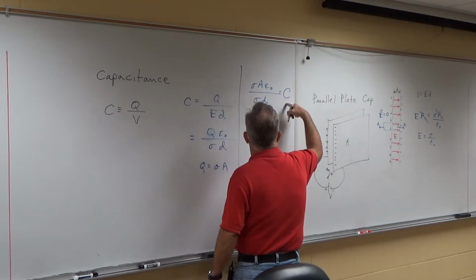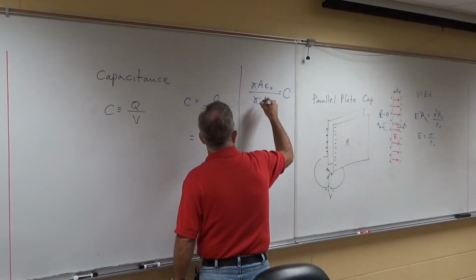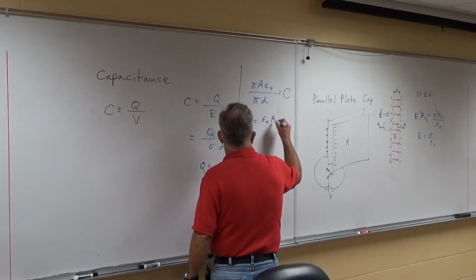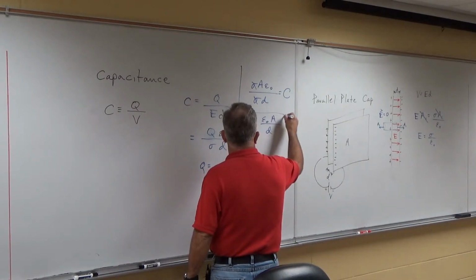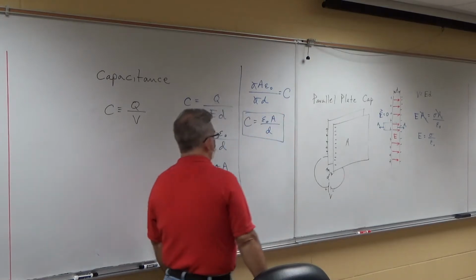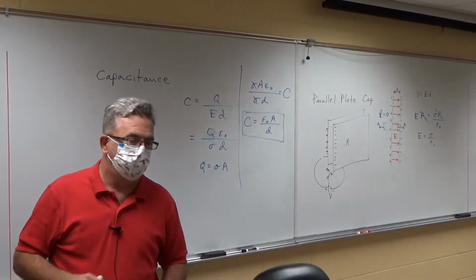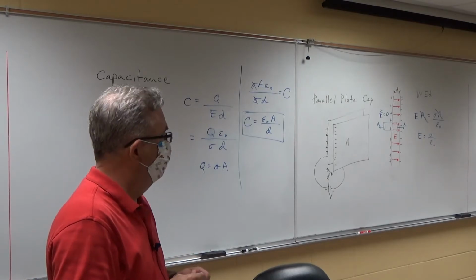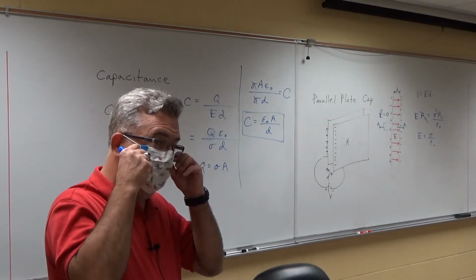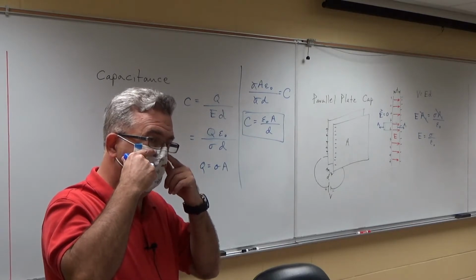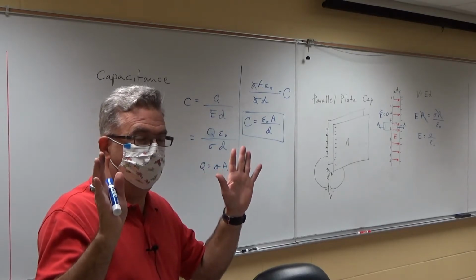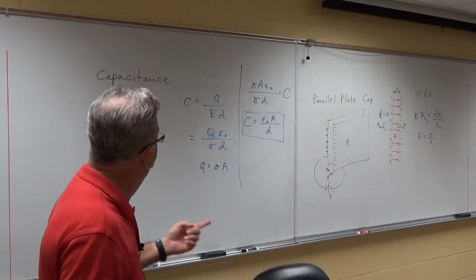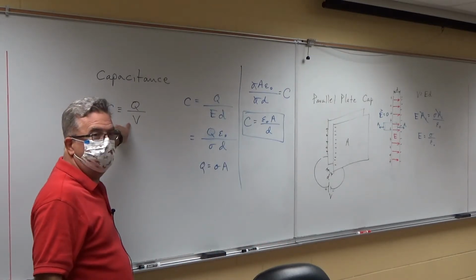equal to the capacitance. Sigma cancels, and you get the capacitance is equal to epsilon naught A over little d, and that's it. That's the capacitance of a parallel plate capacitor. And that's on the positive side. Oh, that's the capacitance. It's just a number that represents this.